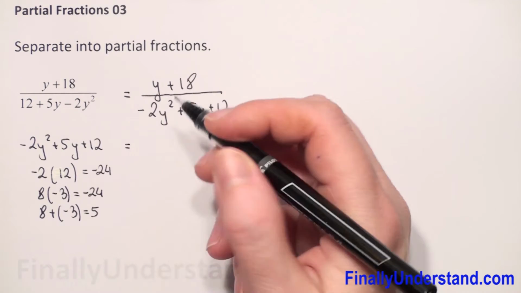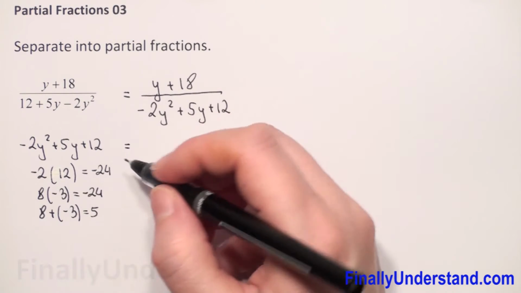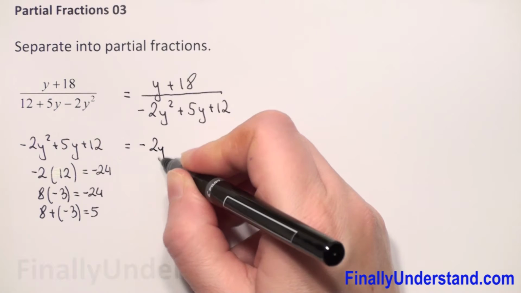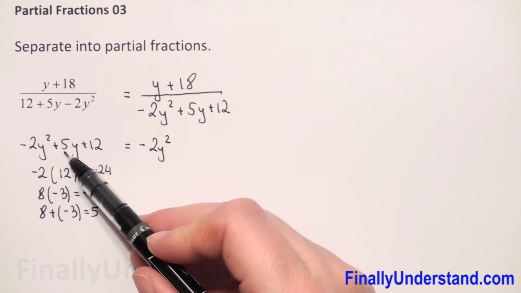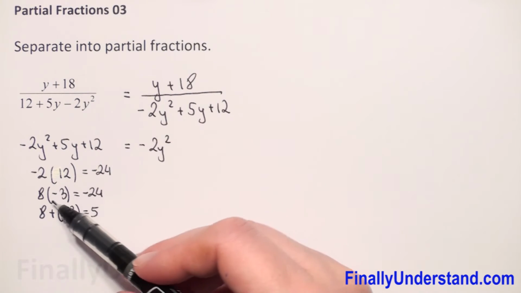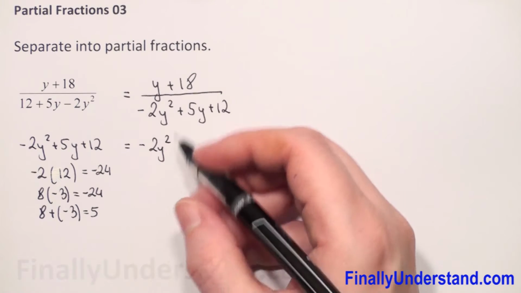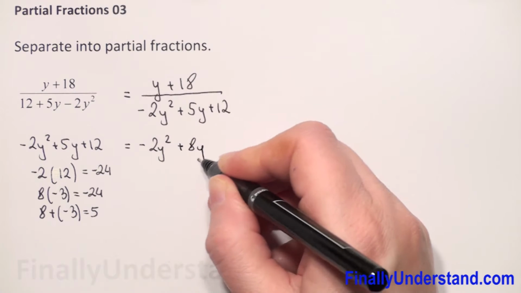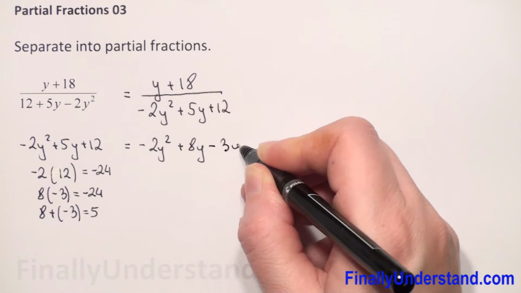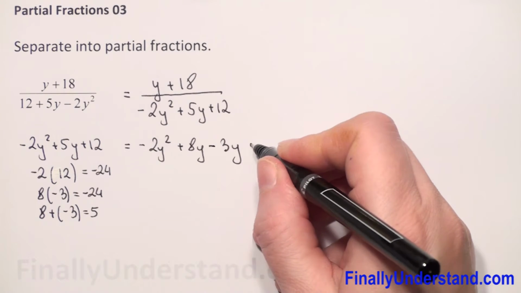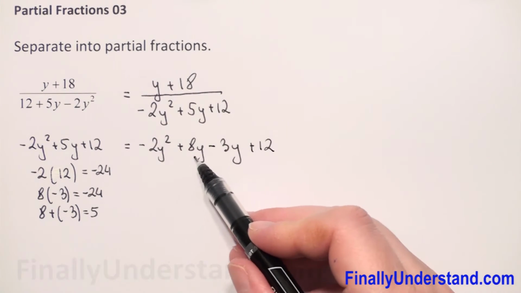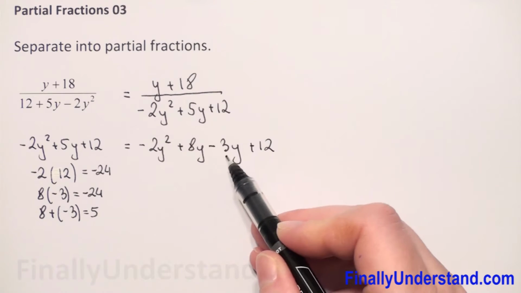So now I can rewrite our denominator. Negative 2y squared we copy, and now 5y we rewrite using these two numbers. So first will be plus 8y and minus 3y, and 12 we will copy. You see, 8y minus 3y is 5y.